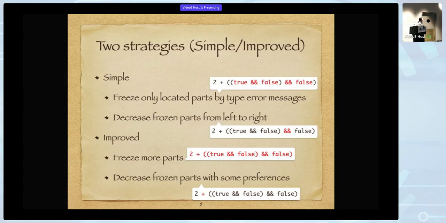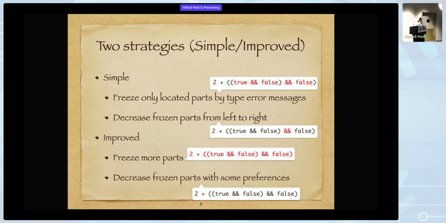So in that case, for true and false, only that part will be located, so we just freeze that part only. But in the improved strategy, we freeze more paths.